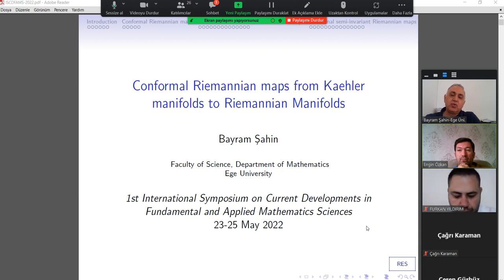If you compare the two notions, isometric immersions and Riemannian submersions, isometric immersions are like an embedding: you are going from a low-dimensional space to a higher-dimensional space.